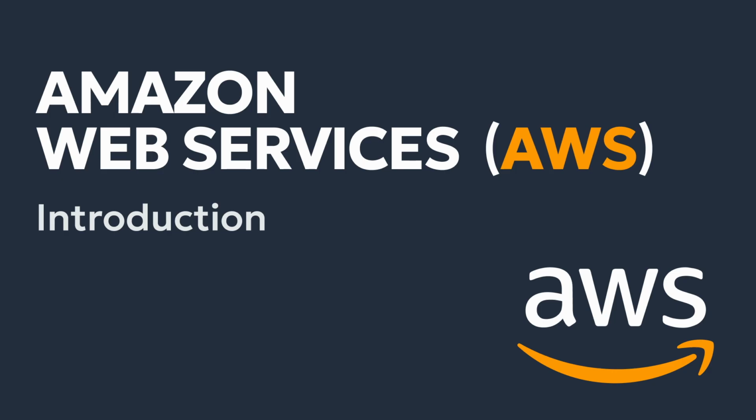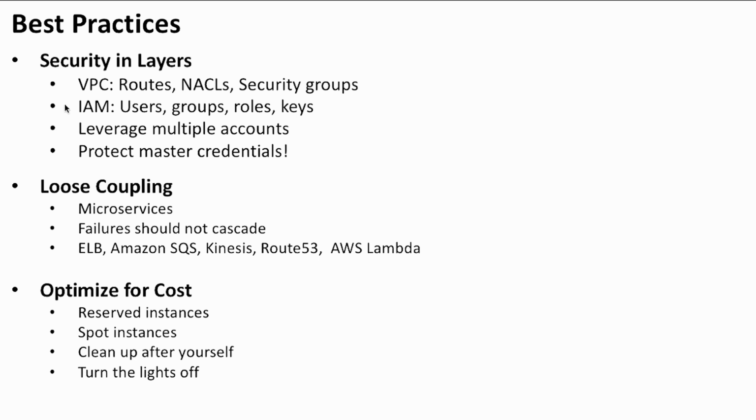A few more best practices would be: one, security in layers. There's no one magic bullet for security. Security happens across a number of things within Amazon Web Services. We need security within our network, within our VPC, and we can use routes, NACLs, and security groups to make that happen.